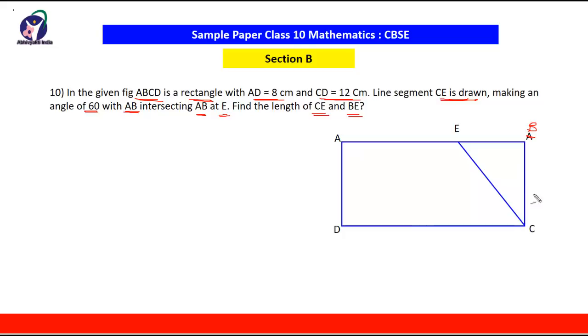Here it is given that ABCD is a rectangle with AD as 8 cm and CD is 12 cm. This AD is given as 8 cm. It means BC is also 8 cm because ABCD is a rectangle, so opposite sides are equal.